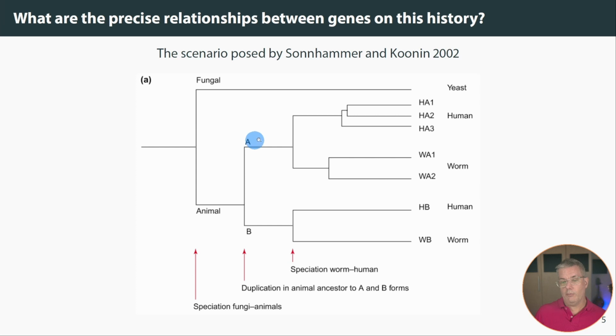If it occurred before, it's different than if it occurred after. So the HA1, HA2 relationship is different in some sense from the HB to HA1 relationship, because HA1 and HB split before the speciation event that led to humans and worms, whereas HA1 and HA2 split after that event.